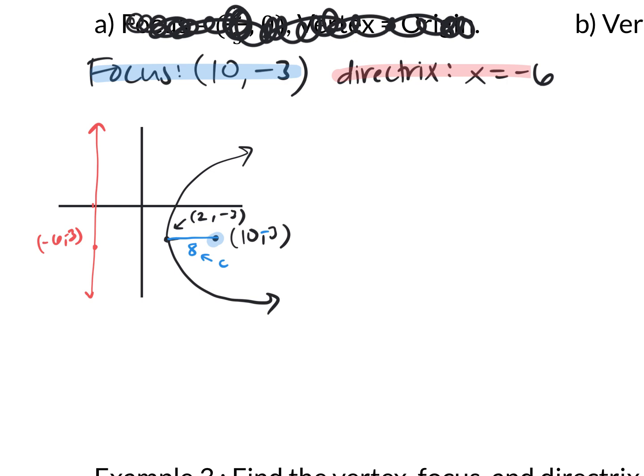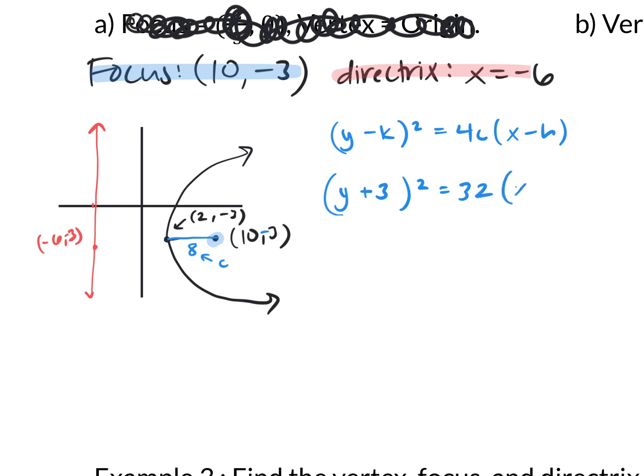And then when I'm plugging it into my formula for opening to the right, (y minus k) squared is equal to 4c times (x minus h). So I just got to plug in my vertex point. So I've got y minus a -3, so really it's (y plus 3) squared. And then 4 times c, well, my c value is 8, so that would be 32 times (x minus 2).